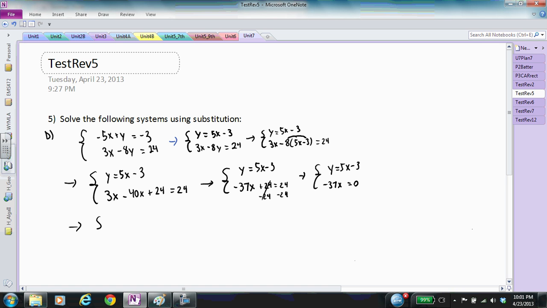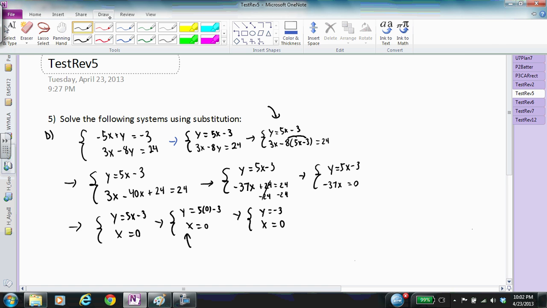So, moral of the story, x equals 0, and now I can substitute x equals 0 into the top equation. So hence the name substitution again. We substituted in this step, and now we're substituting in this step. y equals 5 times 0 minus 3. x equals 0, so that's y equals negative 3, and x equals 0.